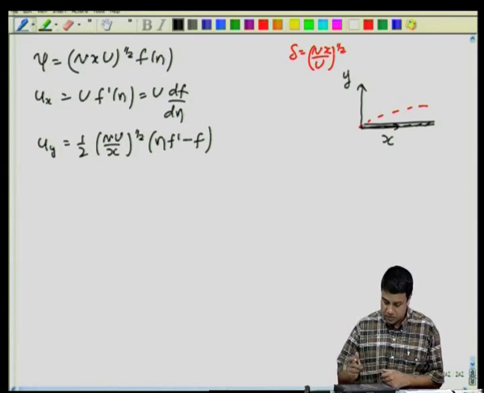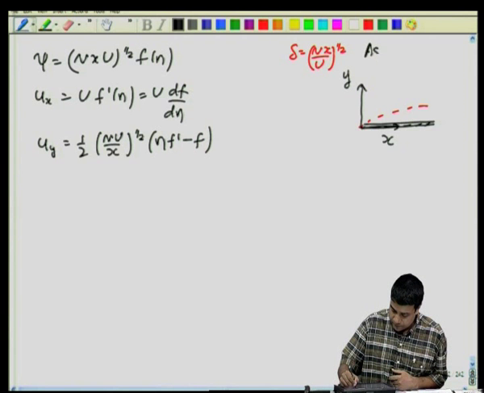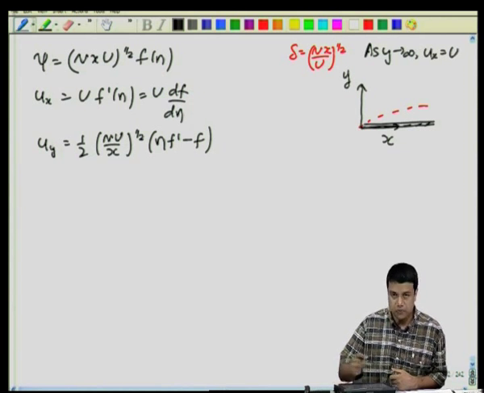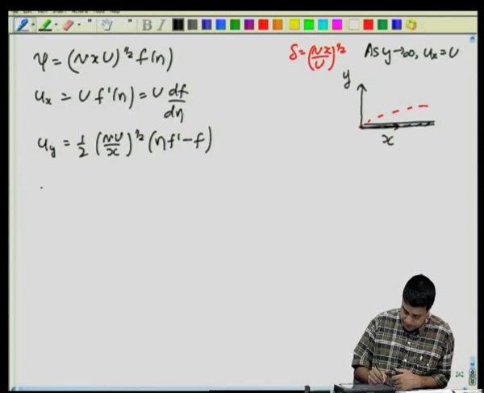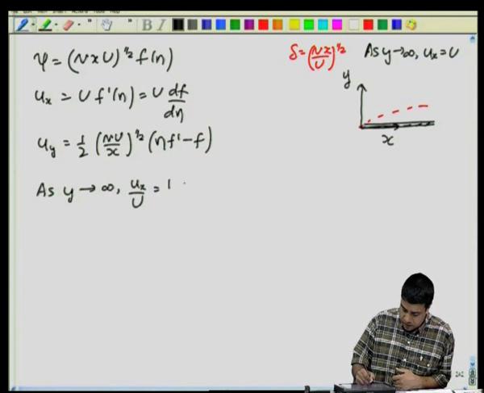As y goes to infinity, u x is equal to capital U. That means that as y goes to infinity, u x by U is equal to 1, which implies that df by d eta is equal to 1.